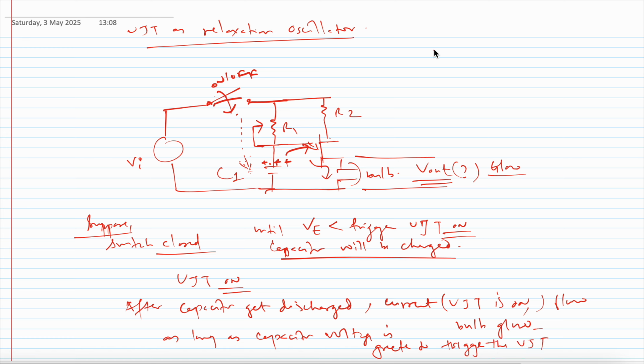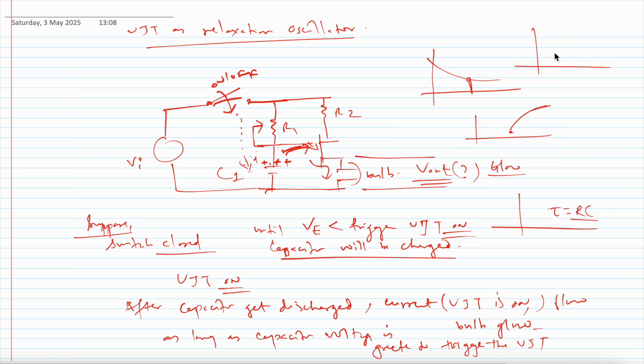We know the capacitor voltage will drop, and then again it will get charged, and after charging for some time tau, which is RC, again this voltage will be greater than this, so we will get the output like this.